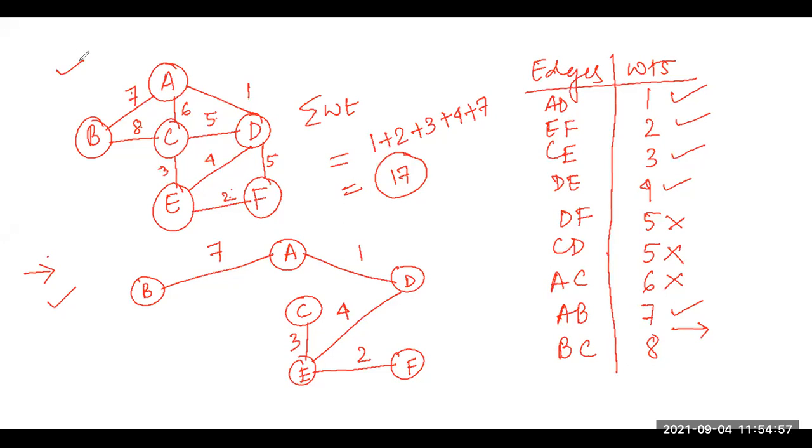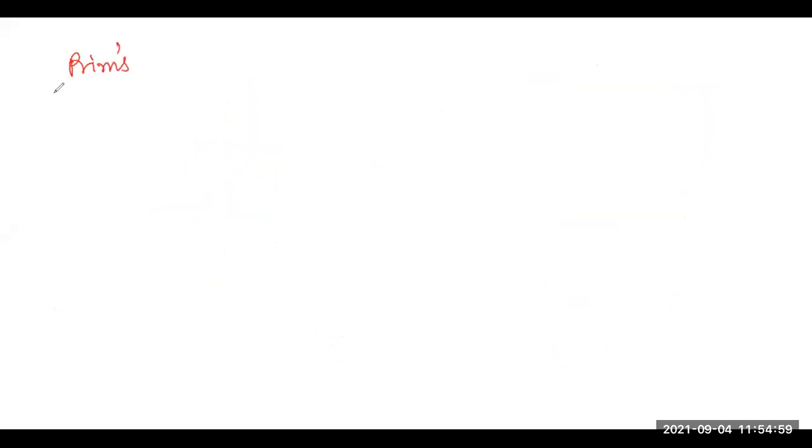Okay. So now what will we study? Prim's algorithm. Kruskal's algorithm works for connected weighted graphs. Prim's algorithm also works for connected weighted graphs, but Prim's algorithm only works for undirected graphs, whereas Kruskal's algorithm can work for any type of graph, be it connected, weighted, directed, or undirected.